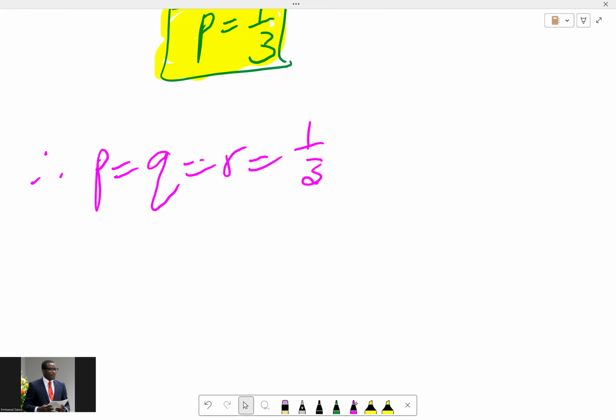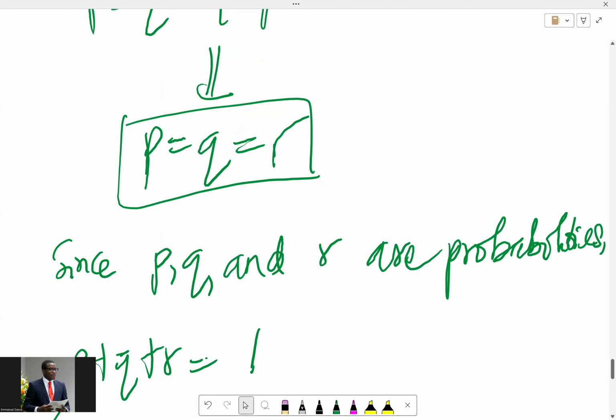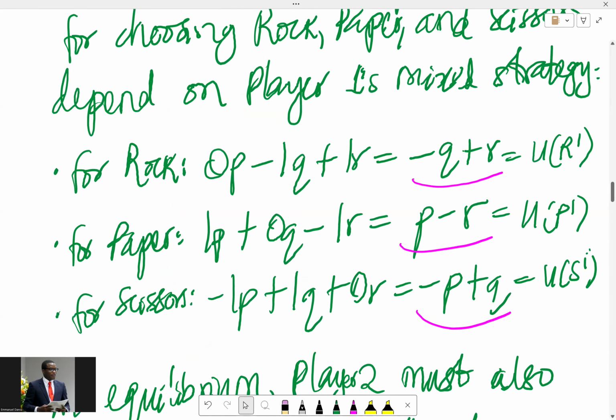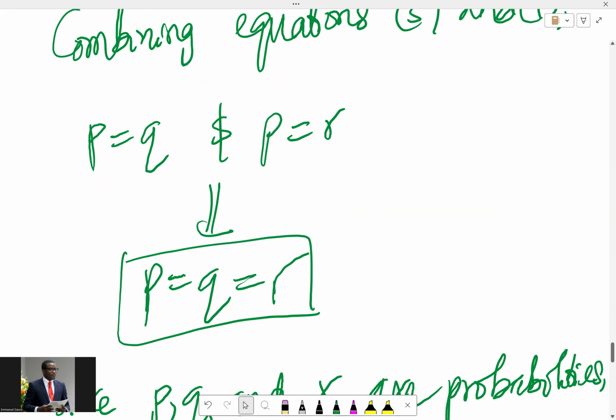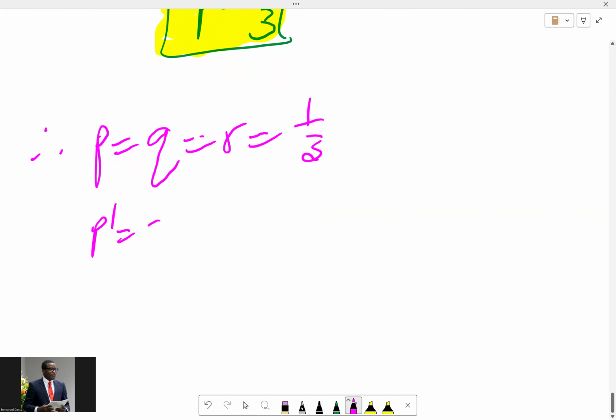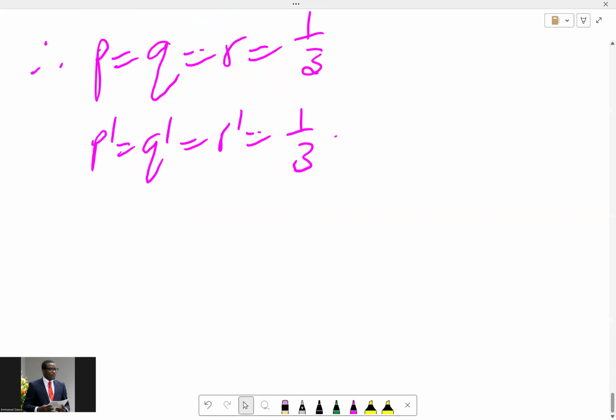The indifference condition has led us to all these points. And don't forget, it means that the probabilities of rock, paper, scissors for either player, because we have already agreed, if this P, Q, R is 1 over 3, that means that P prime is equal to Q prime is also equal to R prime is equal to 1 over 3.